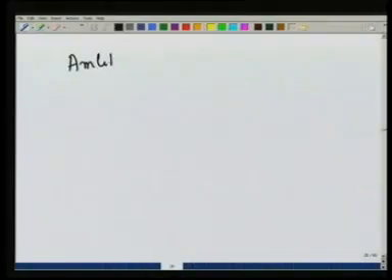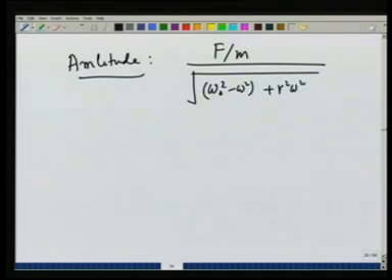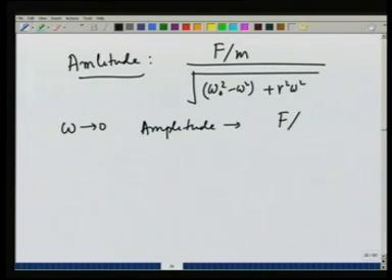So, the amplitude in this case is f over m divided by square root of (omega naught square minus omega square) whole square plus gamma square omega square. When frequency goes to 0, the amplitude goes to f over m omega naught square, which equals f over k.